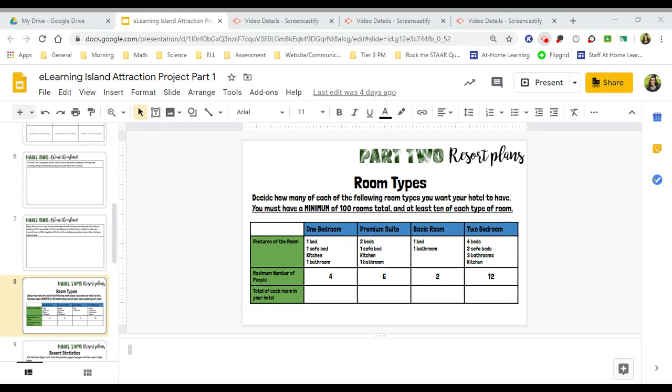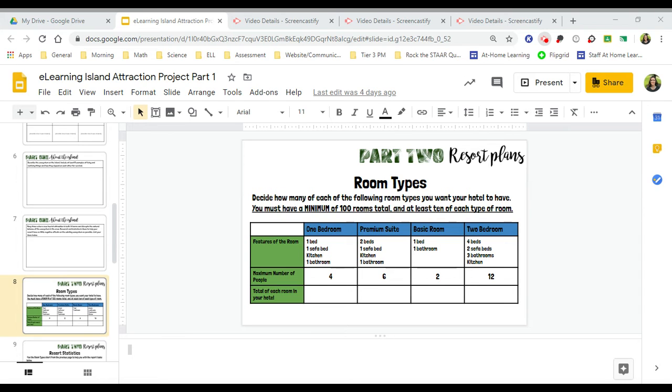And I'm going to double the last 25 because each of these rooms actually has 2 bedrooms. So that's 50 bedrooms, which gives me a total of 175 rooms. So how many rooms total do I have? I have 175 rooms.